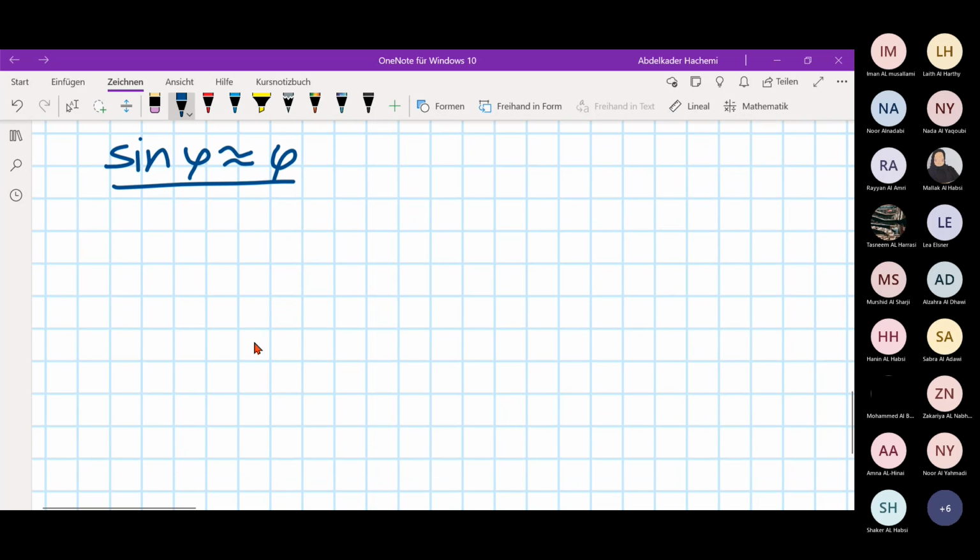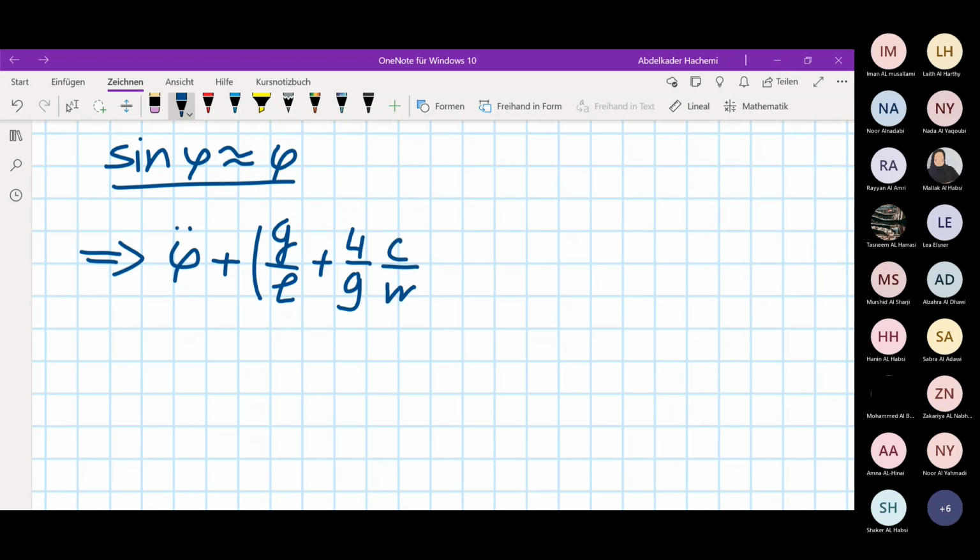Then in this case, when we develop, we will get phi dot dot plus g divided by L plus 4 divided by 9 C divided by M multiplied by phi.